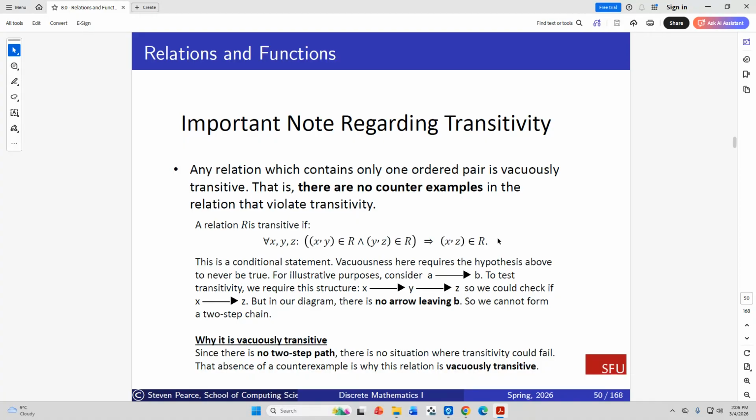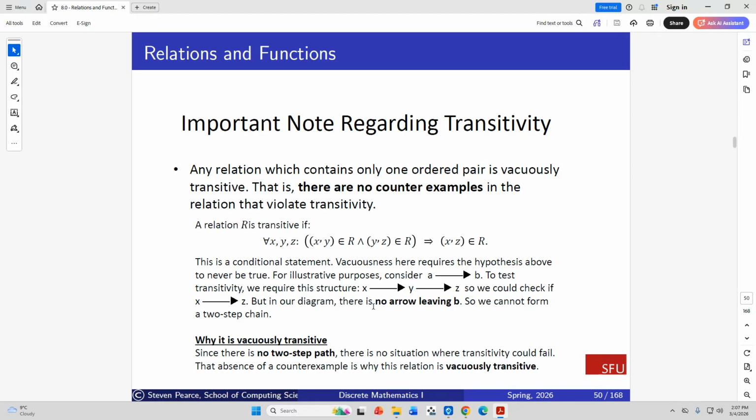This conditional statement here, that's the conditional statement. A implies B. It's vacuous if you look at the fact that, for example, 0 equals 1 implies 1 equals 1. 0 equals 1 is always false, so it's vacuously true. So vacuousness here requires the hypothesis, this right here, to be never true, to be always false.